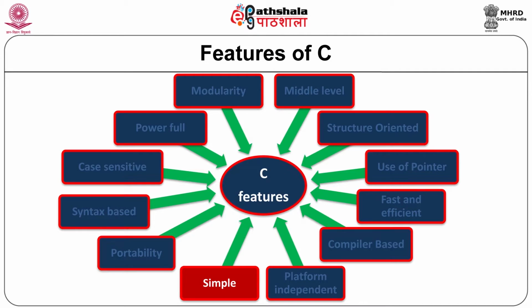C language is simple, meaning what? Every C program can be written in simple English language, so it is very easy to understand and develop a program. Portability is the concept of carrying the instructions from one system to another system.